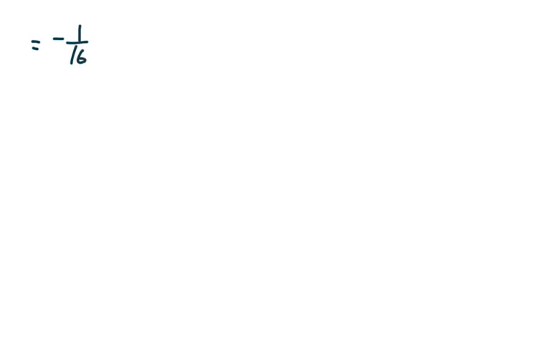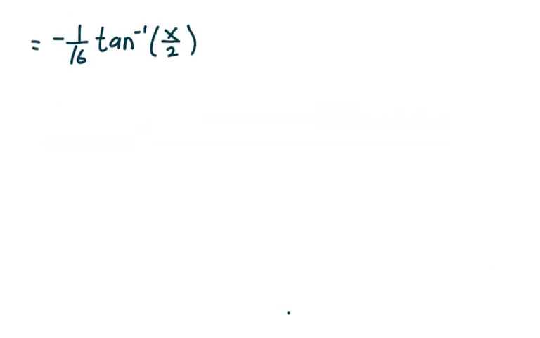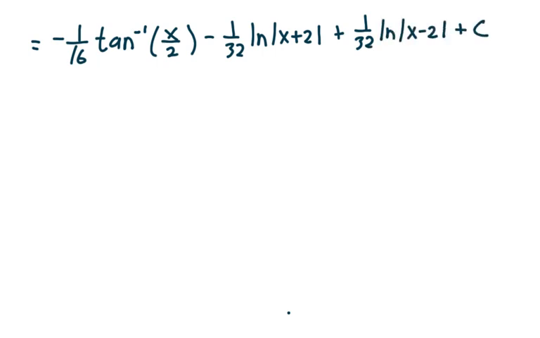So you get negative 1/16 arctangent of x over 2, minus 1 over 32 natural log of x plus 2, plus 1 over 32 natural log of x minus 2, plus C.